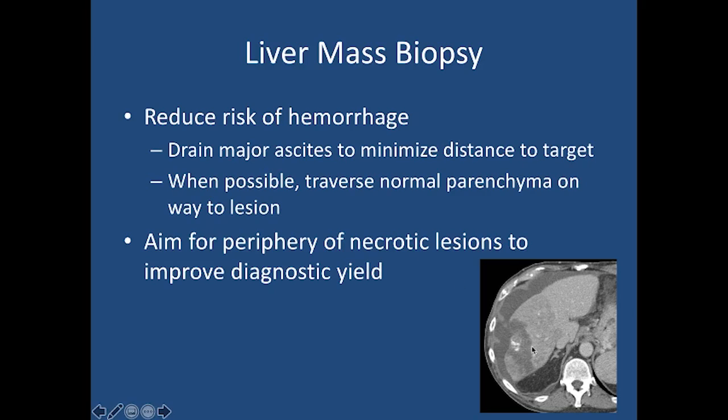In this example, also note the very low density within the lesion itself. When biopsying lesions that may have a necrotic center, it is important to target the periphery of the lesion in order to increase the chance that you have viable tissue for positive pathological evaluation.